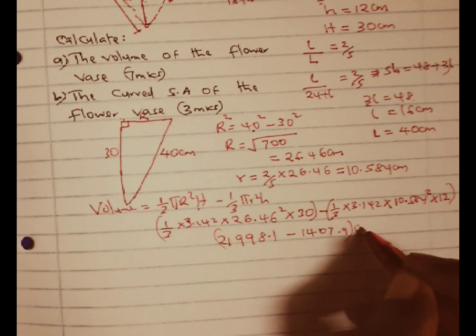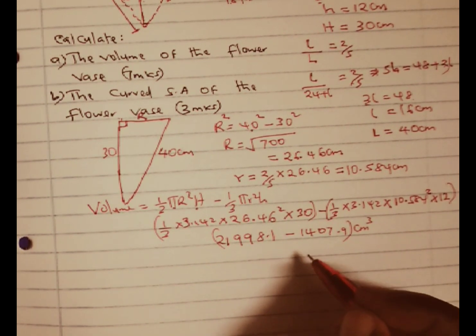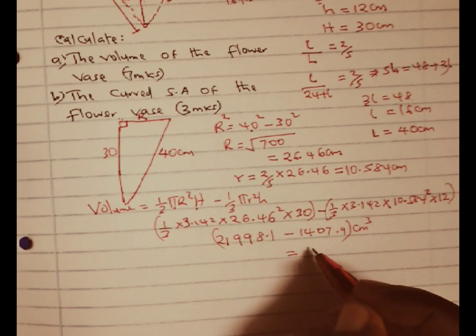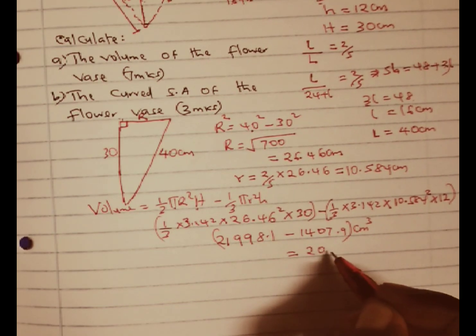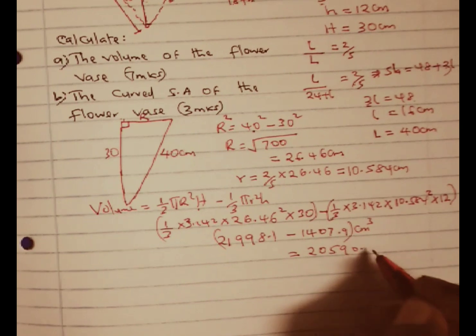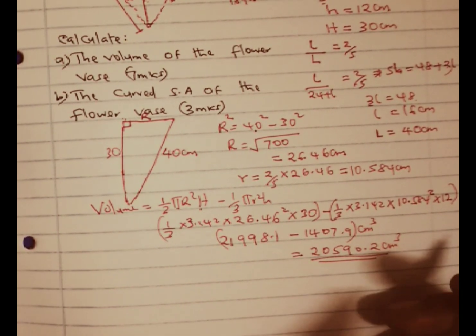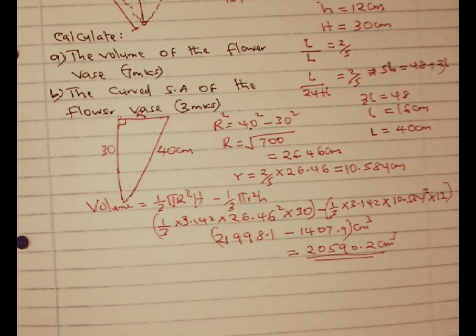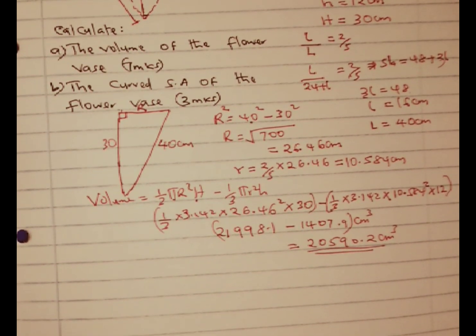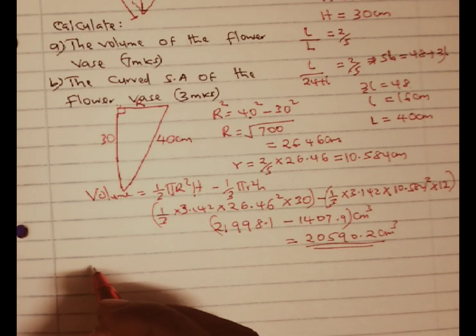Remember, all of them are in centimeter cubed, and this one is going to give us an answer equivalent to 20,590.2 centimeter cubed, and that is the volume of the vase, which is what the question requires us to do. That is part A of the question worked out.